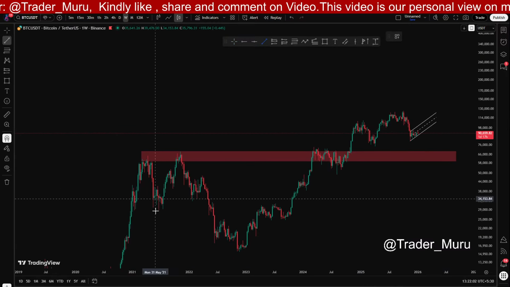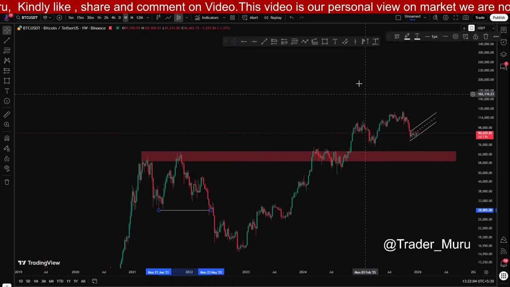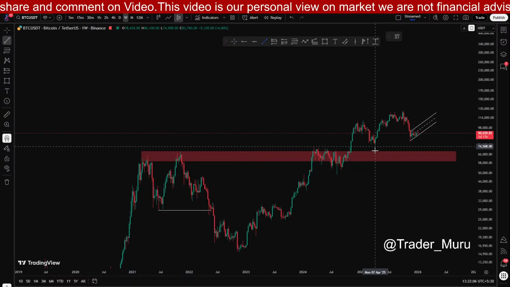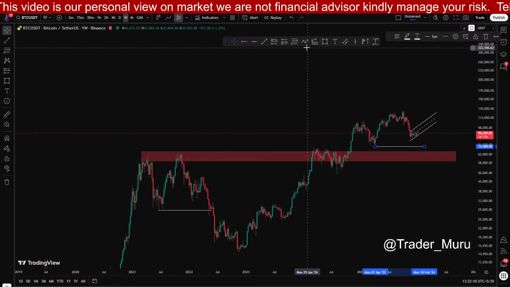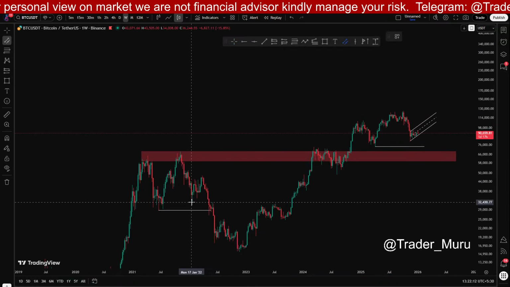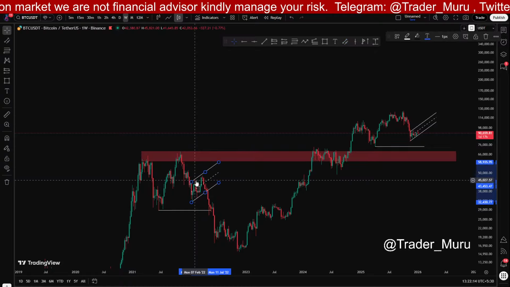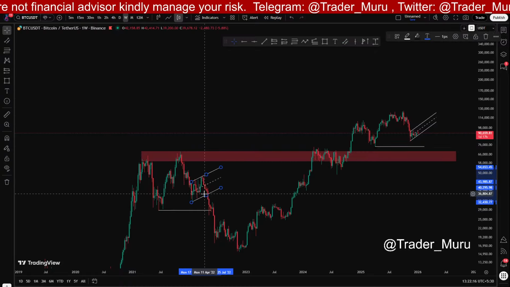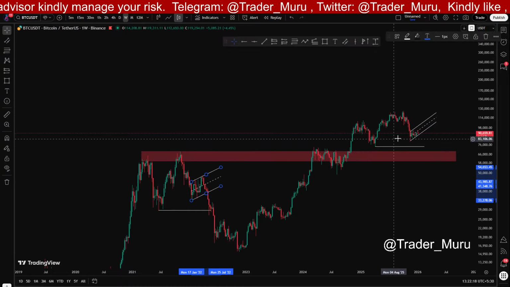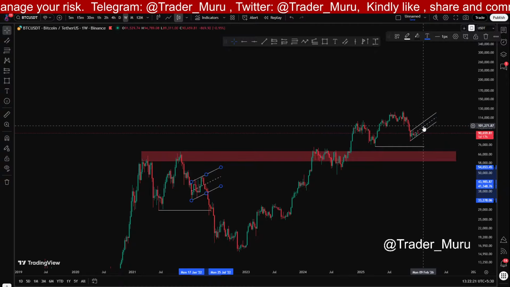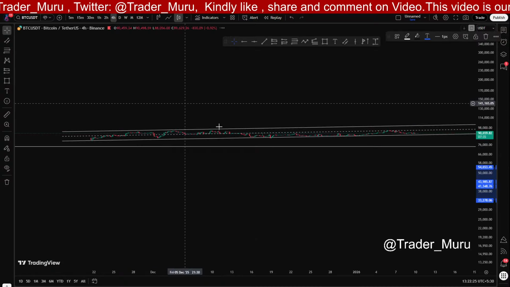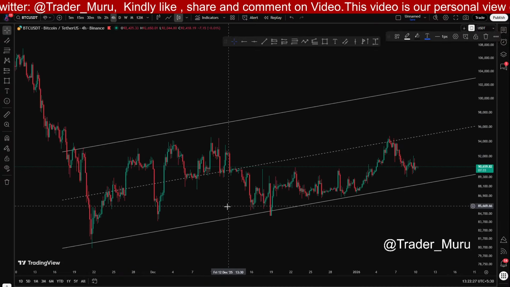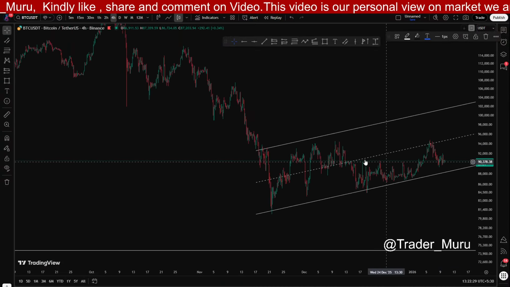See this area. When the market drops, it creates a bearish flag first and then drops. So we can't be bearish here until it breaks and gives us a 4-hour change of character.